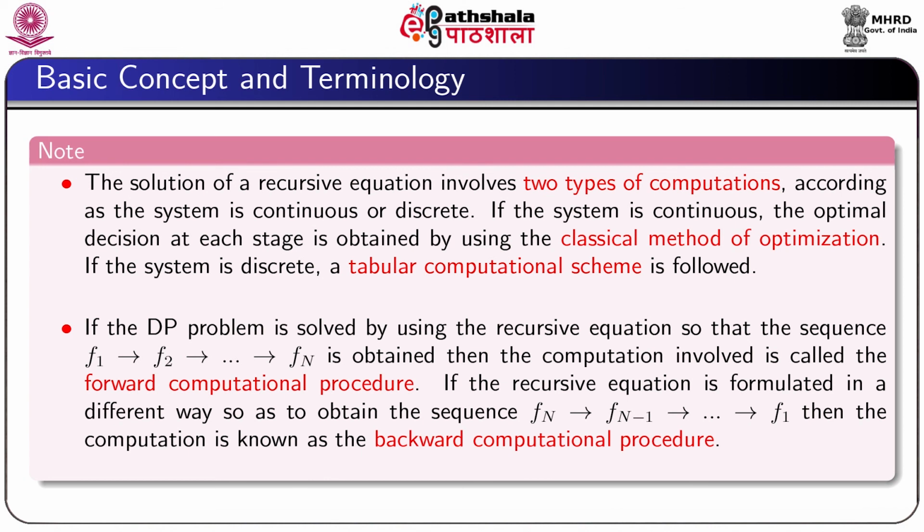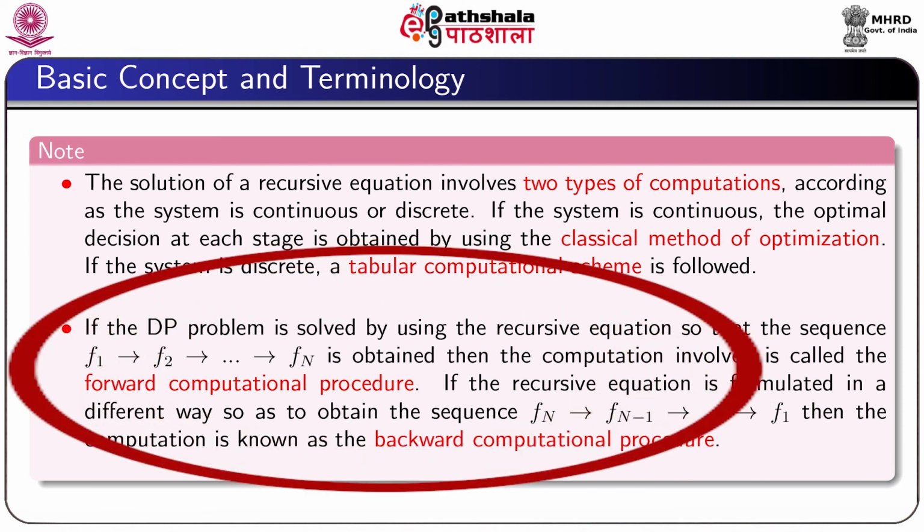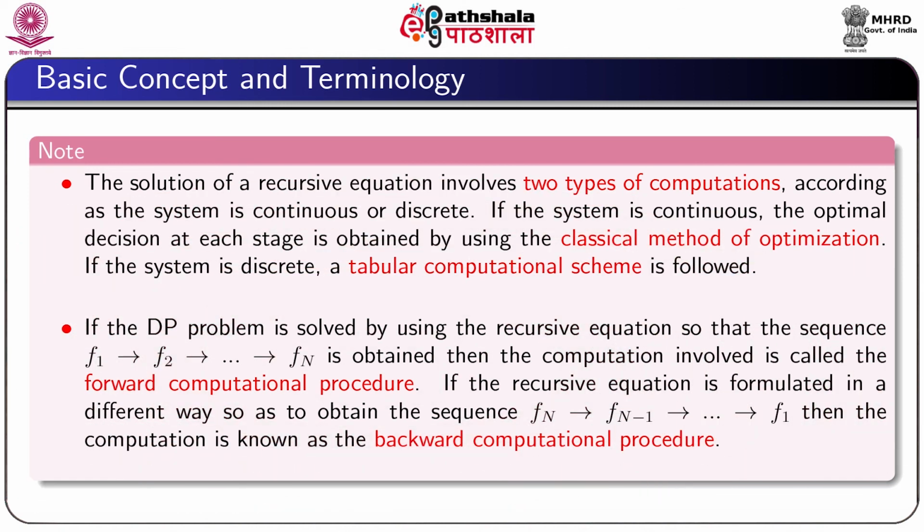Note 2, if the dynamic programming problem is solved by using the recursive equation starting from the first through the last stage, that is, if we obtain the sequence f1, f2 up to fn, then such a computation is called forward computational procedure.